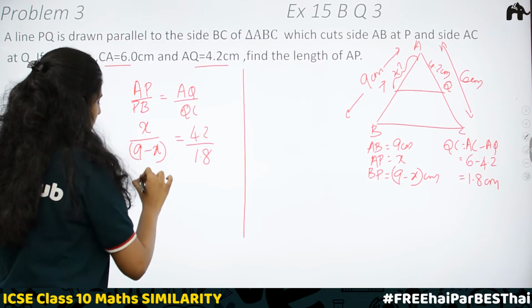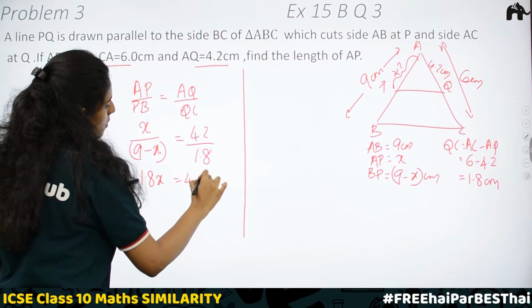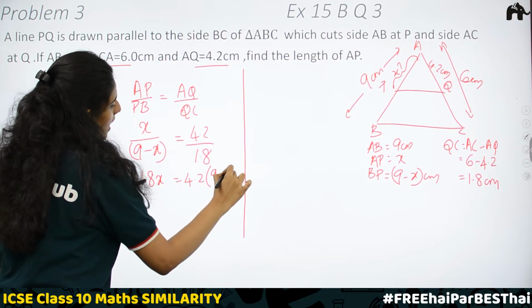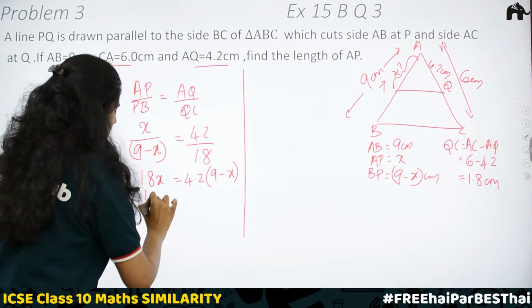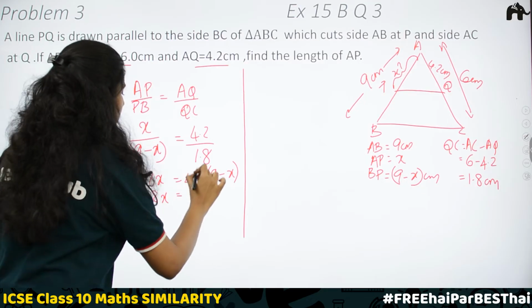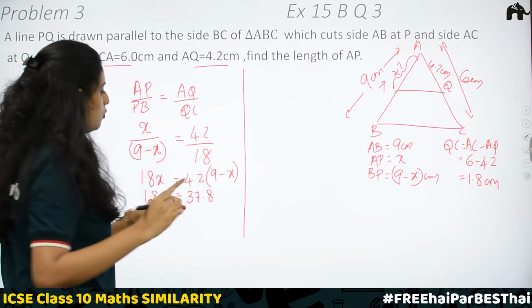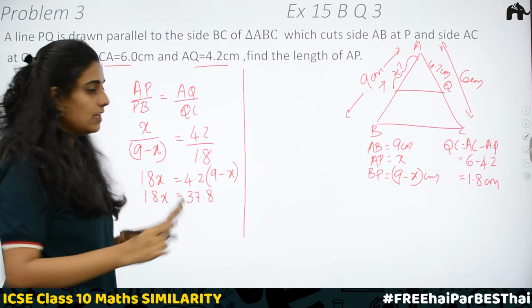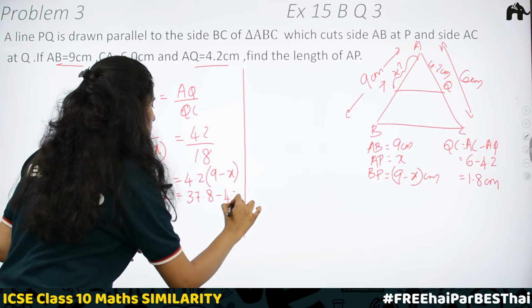Now, cross multiplying, 1.8x is equal to 4.2 into 9 minus x. Okay. 1.8 into x is equal to, removing the brackets and multiplying, 4.2 into 9 we get 37.8 minus 4.2x.